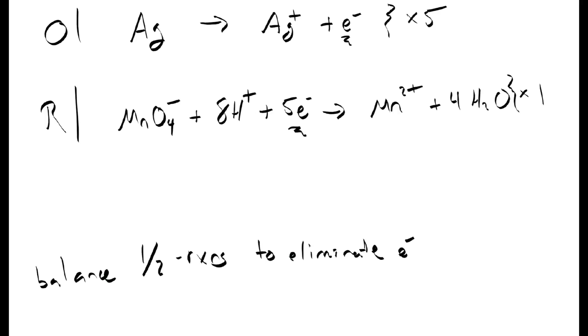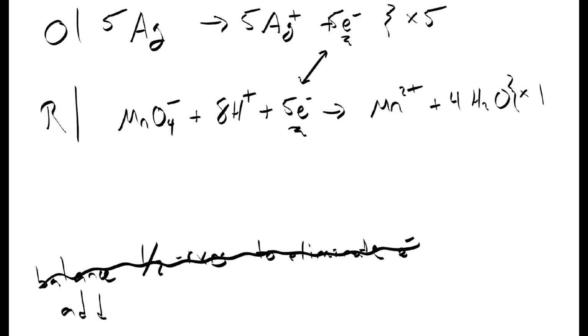When you do that, you get 5 silver goes to 5 silver ions plus 5 electrons. The bottom reaction stays the same. And now, the electron numbers match in our 2 half reactions. And we can add the half reactions together.